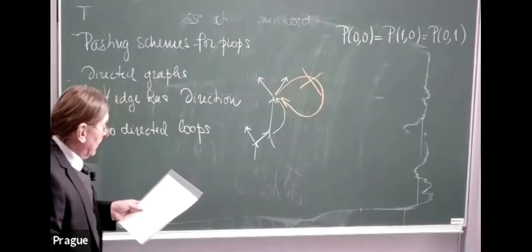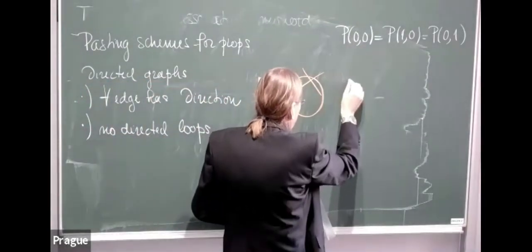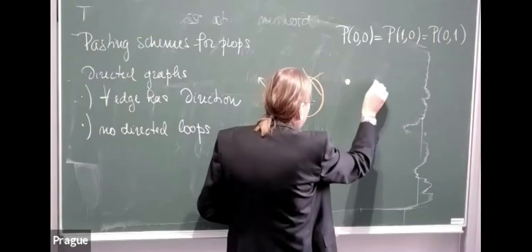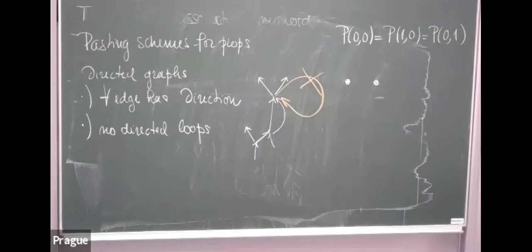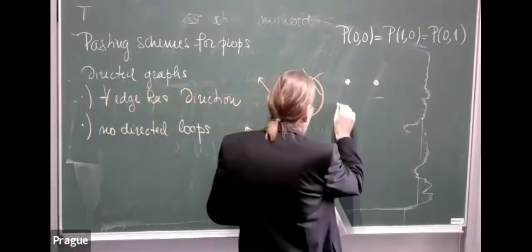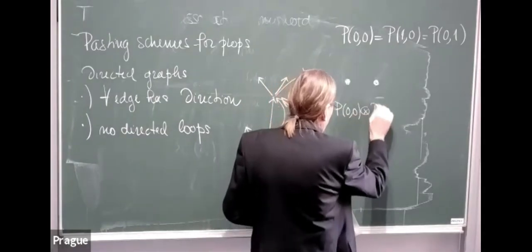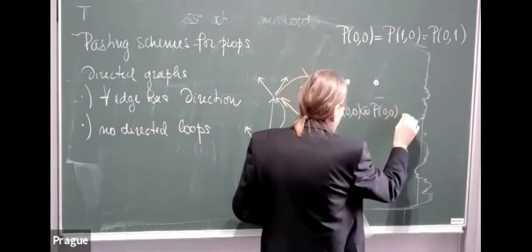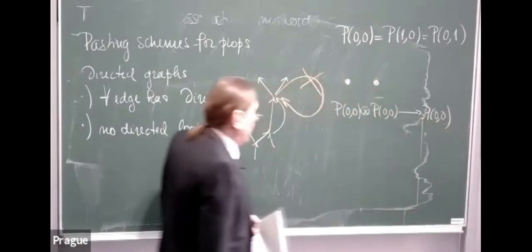And why is it so? Because if I admit something in P00 as a pasting scheme, I may have such a graph. This is a completely legitimate graph. And to this graph, I must have a map from P0 into P00.